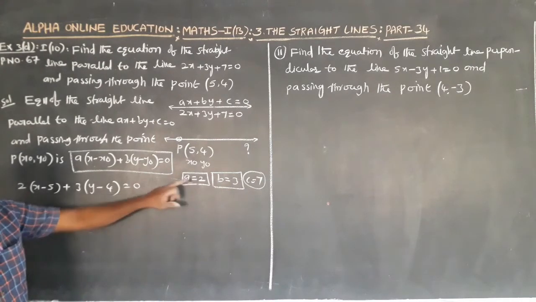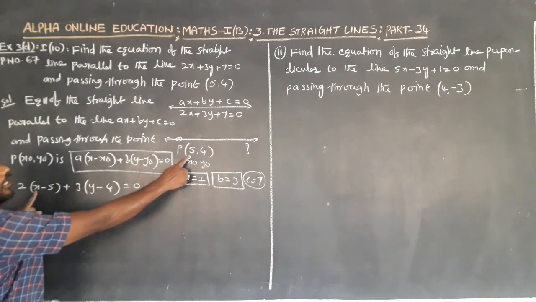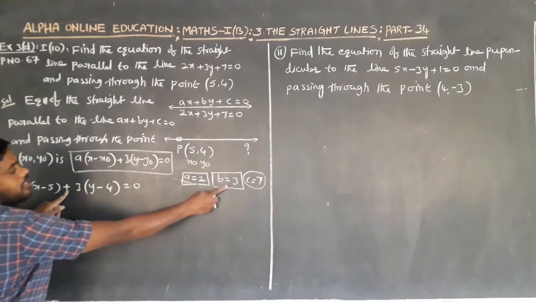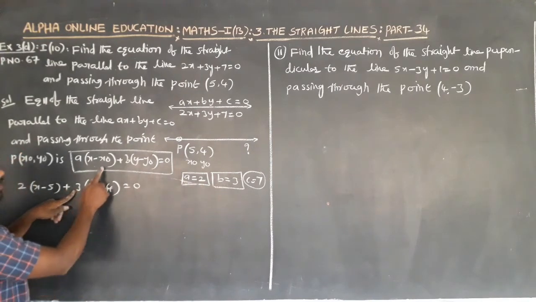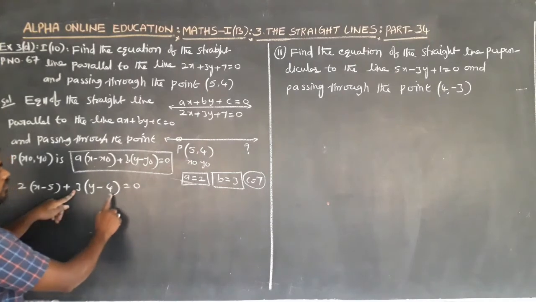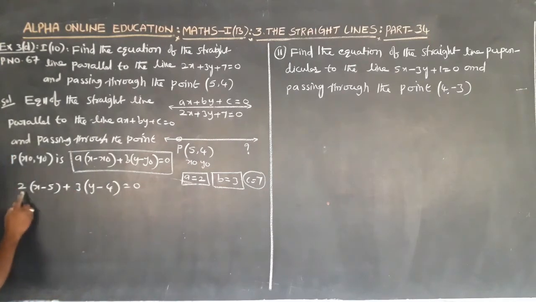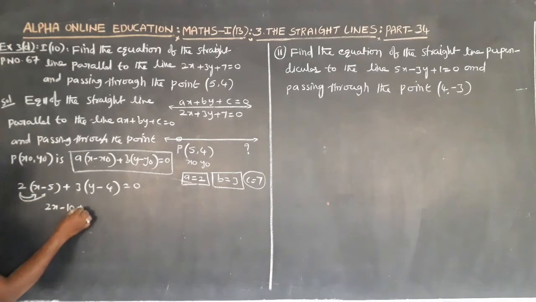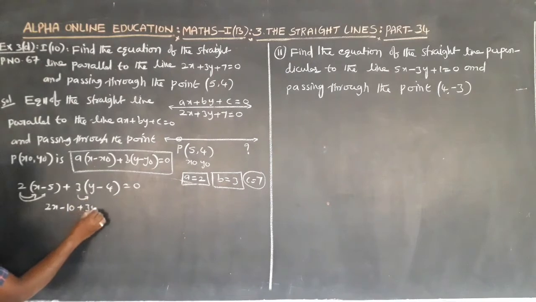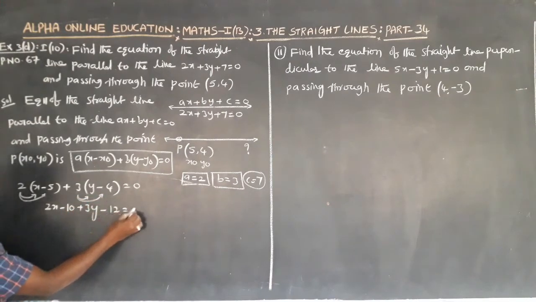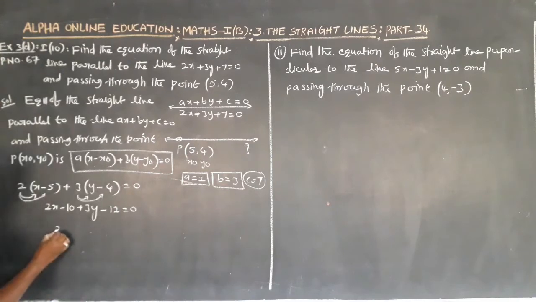So 2 into x minus 5 plus 3 into y minus 4 is equal to 0. 2x, 2 fives are minus 10, plus 3y, 3 into minus 4 is minus 12, is equal to 0.